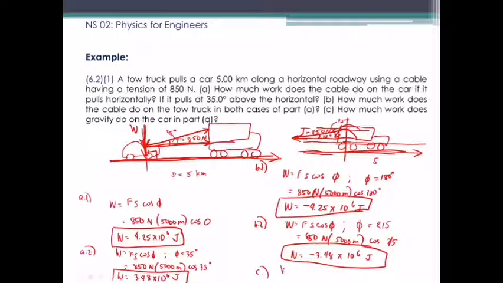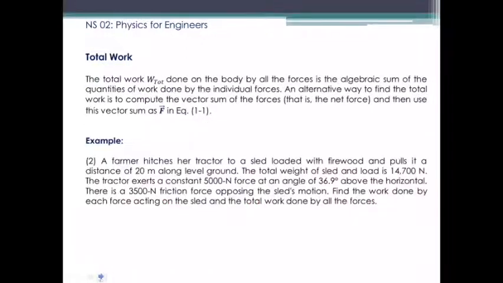So, work done due to gravity is 0. If you solve it, your phi there is 90 degrees, and cosine 90 degrees is 0. So, your work is 0.